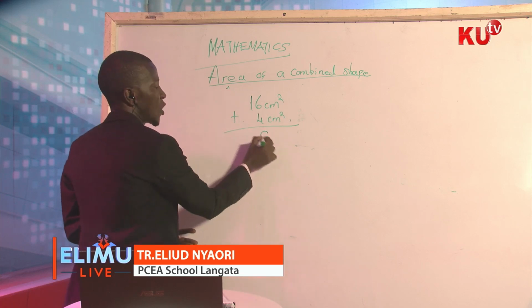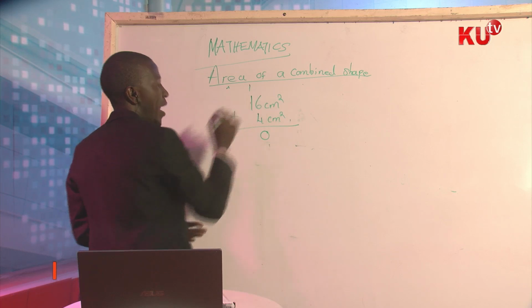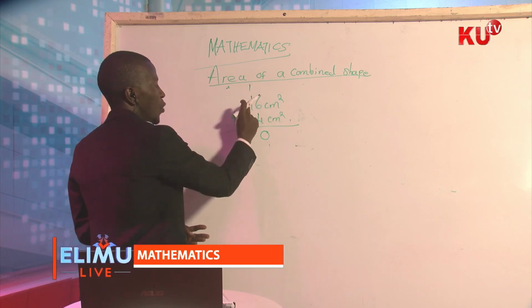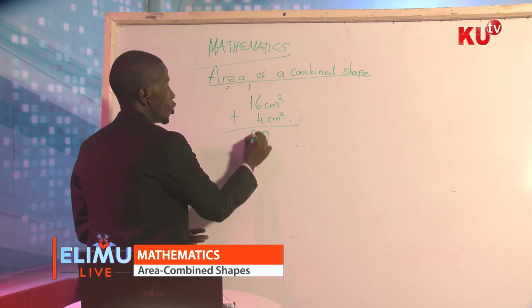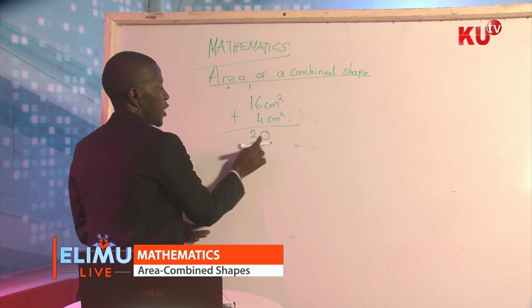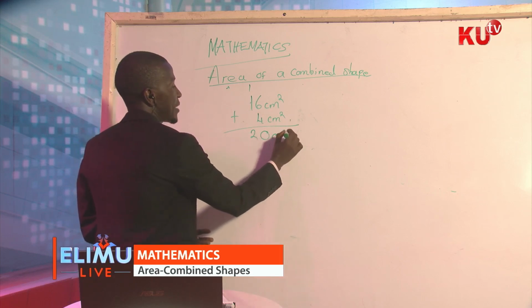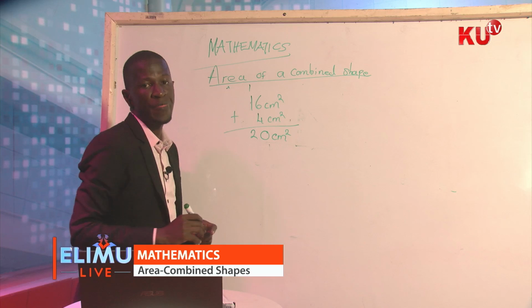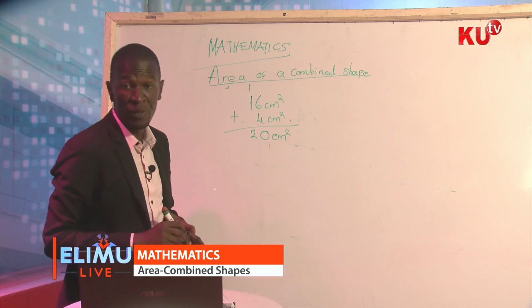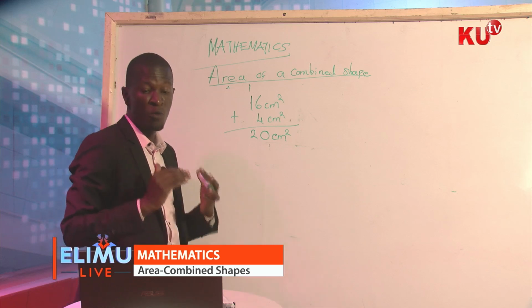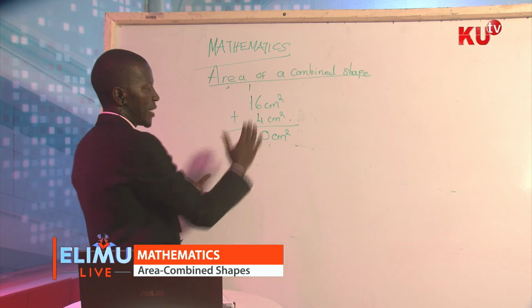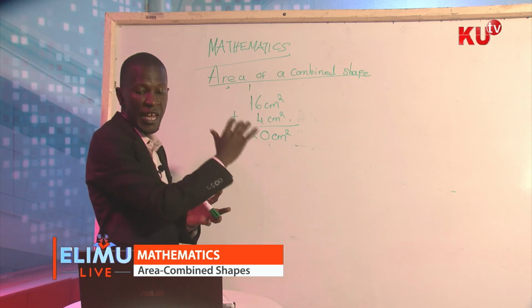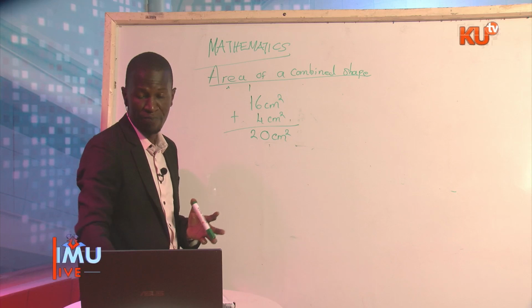So I'll write 0 and carry 1. 1 plus 1 is equal to 2. So this will be 20 centimeters squared. Learners, I want to believe you are getting something and you are moving together. So that is how to find the area of that combined shape.